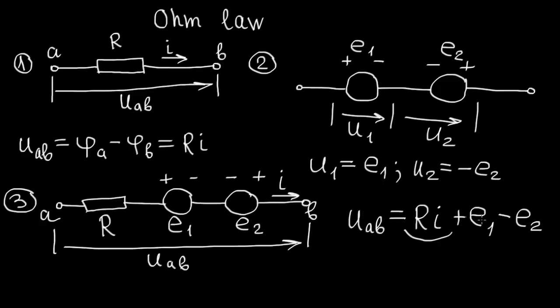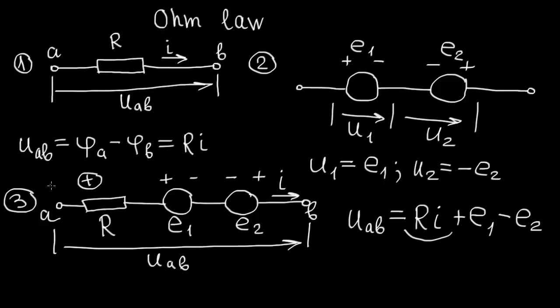The choice of these signs is directed by physical movement of positive charges inside these sources. Actually, normally in passive elements, positive charges run from the highest potential to lowest potential.